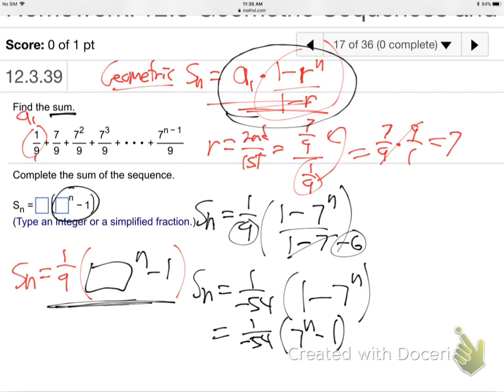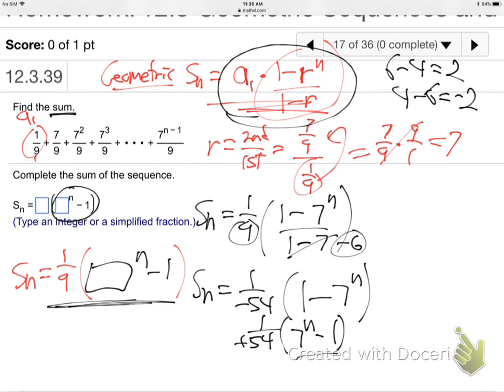Just think about any numbers you want, like 6 minus 4, that's 2. If you reverse it, it's negative 2, huh? It just changes the sign to reverse the order of subtraction. So if I reverse that, then that puts another negative in the front, which makes it 1 over positive 54, huh? And there we go. I multiplied this and this by negative 1.